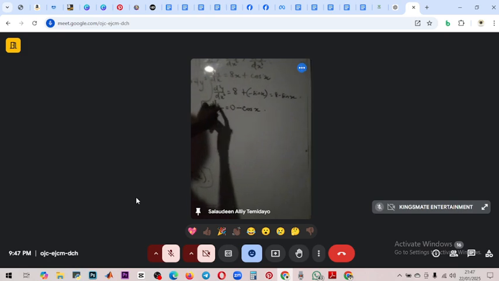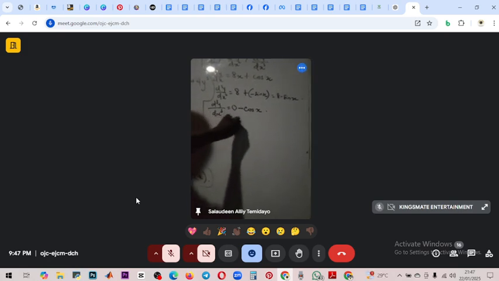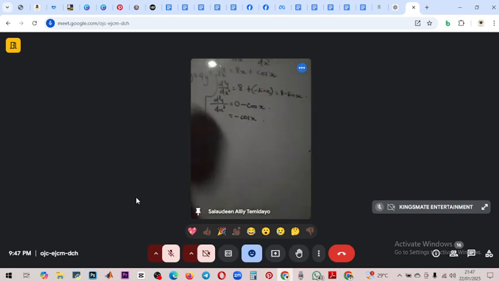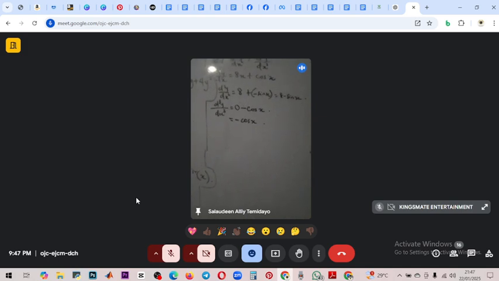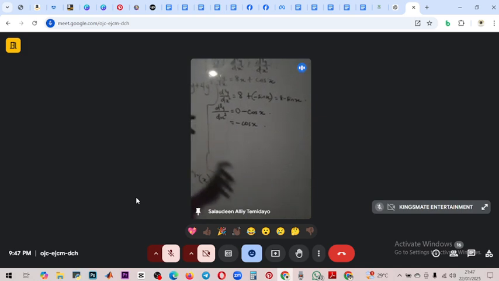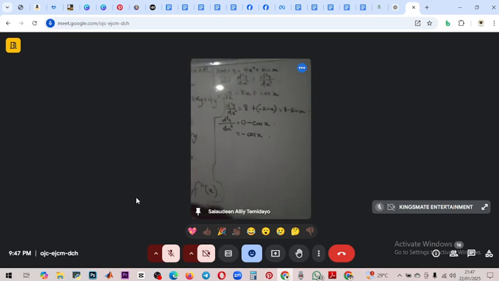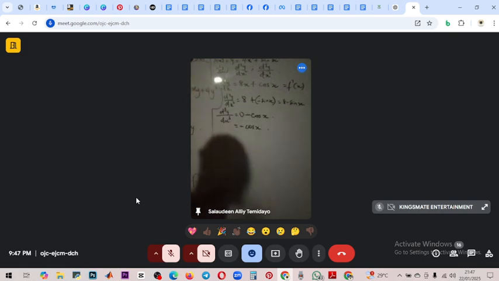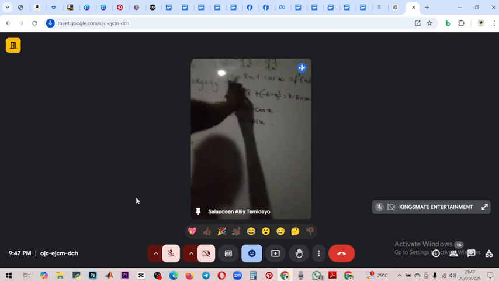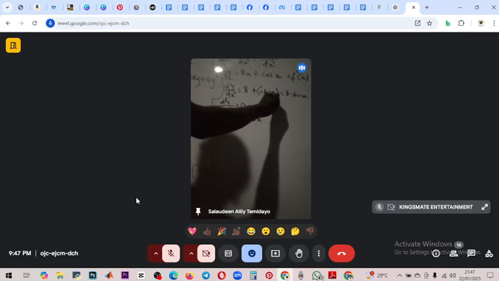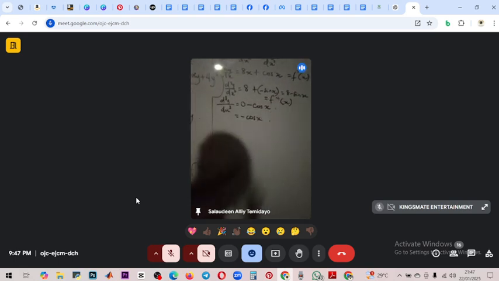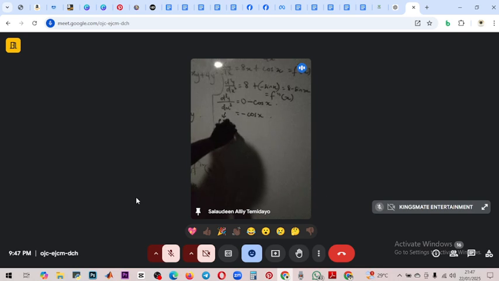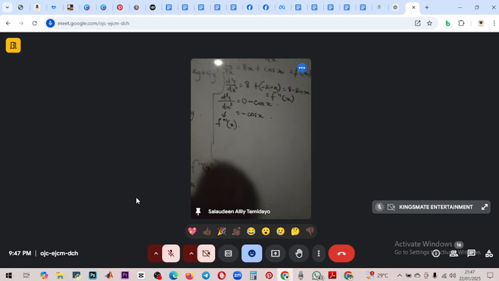That means d cubed y by dx cubed is equal to minus cosine x. What have we done? We've done higher differentiation. You might be given this kind of question. So this is dy/dx, the same as f prime of x. This is d squared y by dx squared, the same as f double prime of x. And this is d cubed y by dx cubed, the same as f triple prime of x.